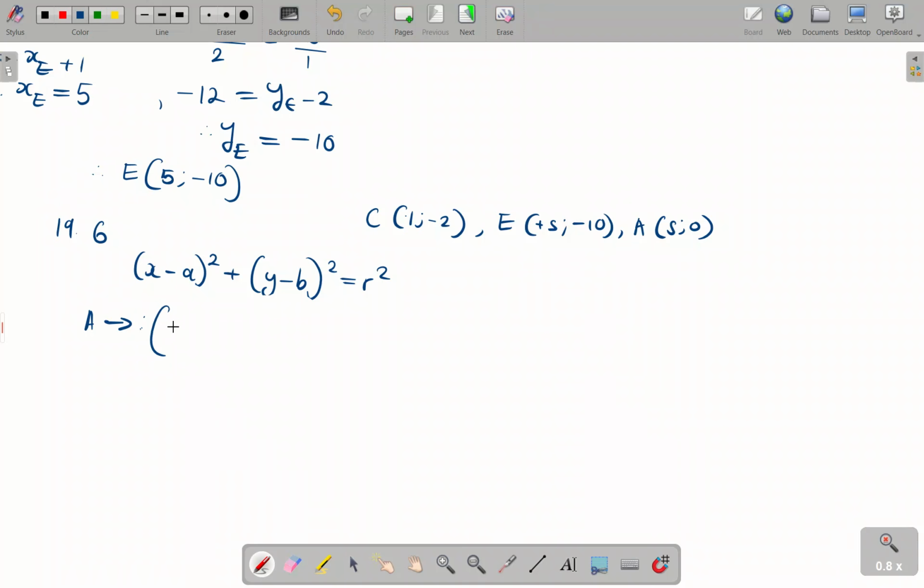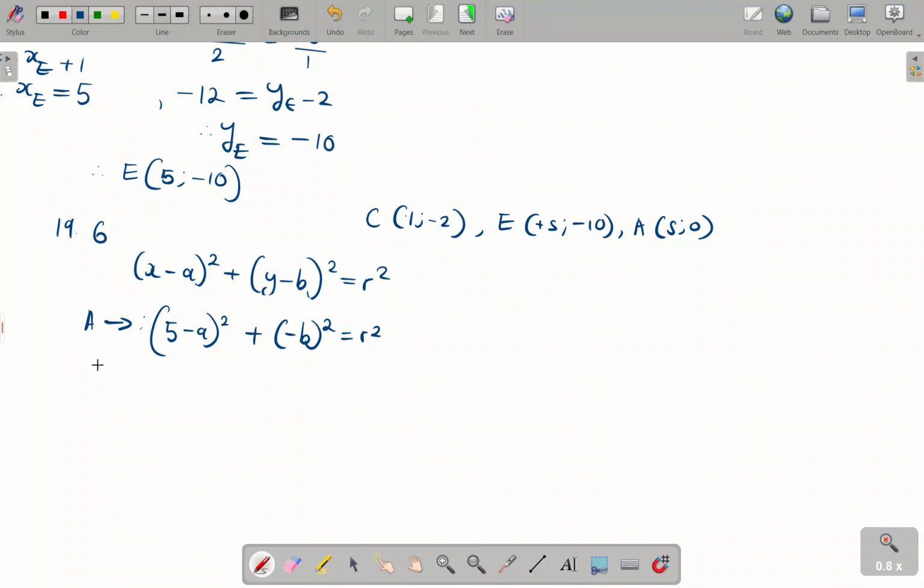So x is 5, minus a, squared, plus y is 0 for A, minus b, and then squared, equals r squared. So when I solve this, I have a negative b squared, which equals r squared.